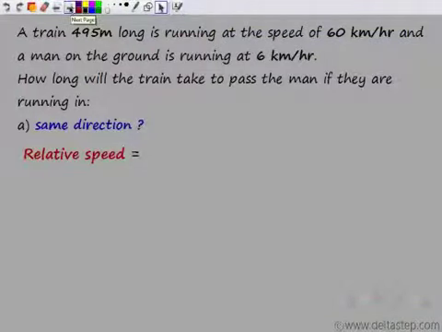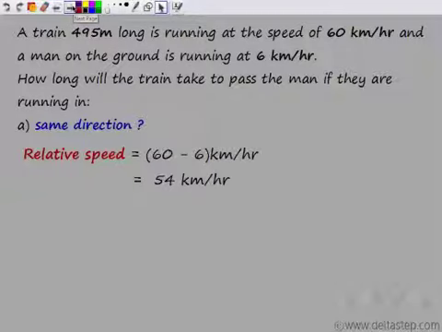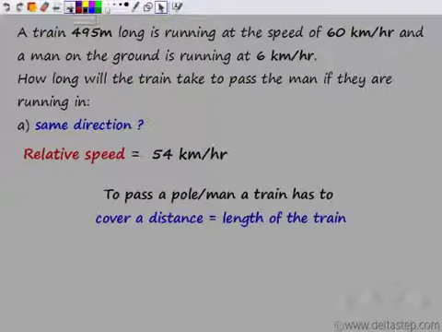Because both of them are running in the same direction, relative speed is nothing but difference of speeds. So relative speed would be 60 minus 6, which is 54 kilometers per hour.